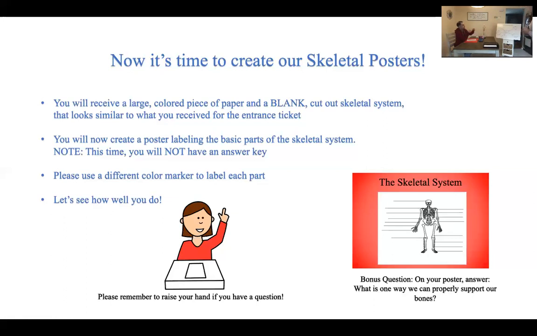The supplies are there in the center. The only difference with that sheet is that one does not include a word bank. Again, I want to see what you remember and what you've learned so far. Those are the main objectives today: learning the basic structures and the functions of the skeletal system.